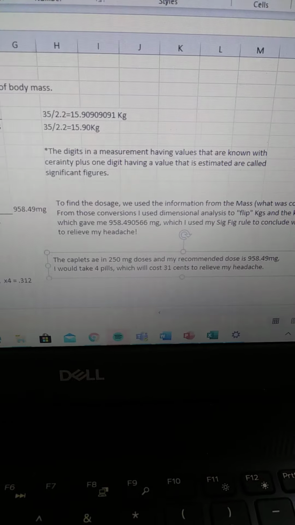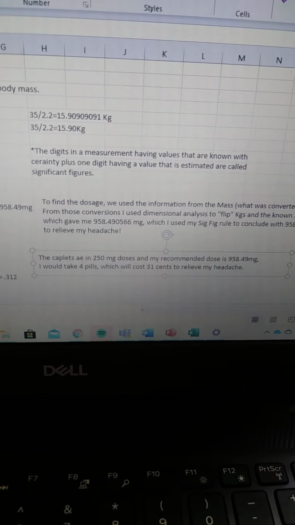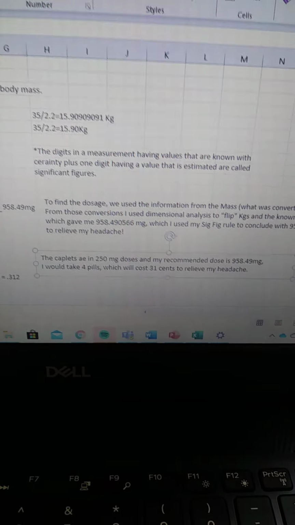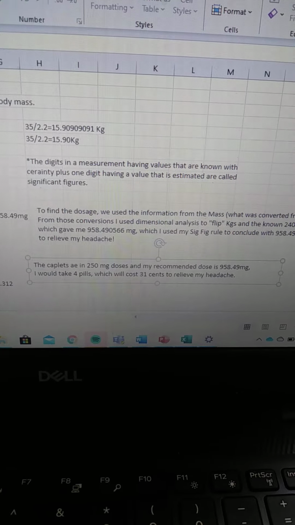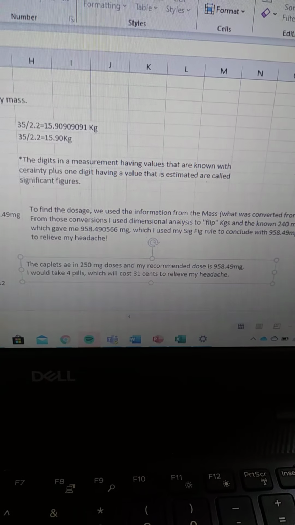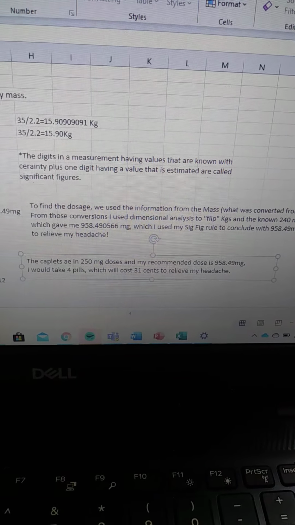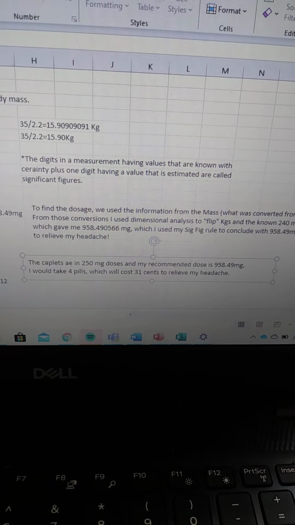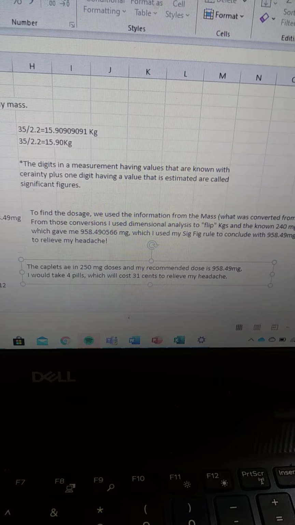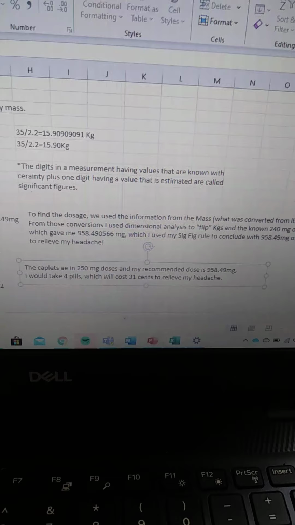And I have to take into consideration how much I weigh and how much I'm going to need. The caplets are in 250 milligram doses, and my recommended dose is 958.49 milligrams. So therefore I would take 4 pills, which would cost 31 cents to relieve my headache.